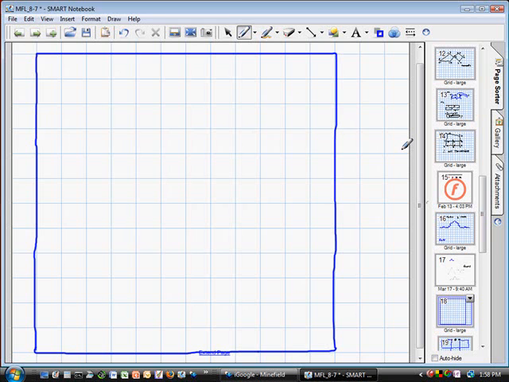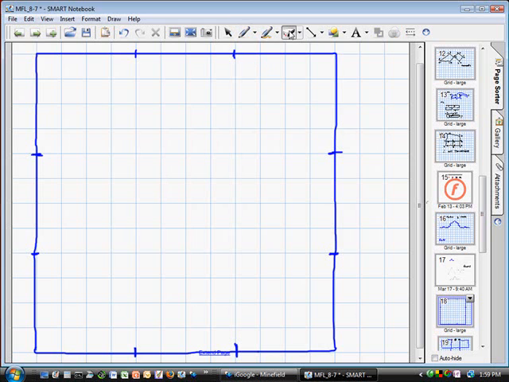So anyway, what I'm going to do, iteration 1, divide each side into 3 equal parts. 1, 2, 3, 4. 1, 2, 3, 4. So divide each side into 3 equal parts.